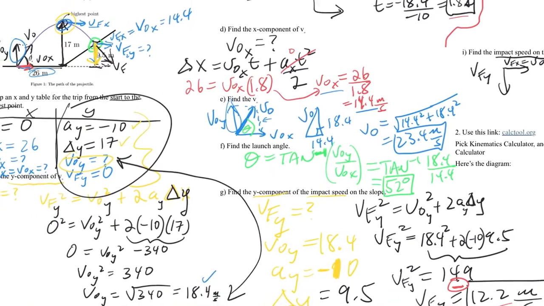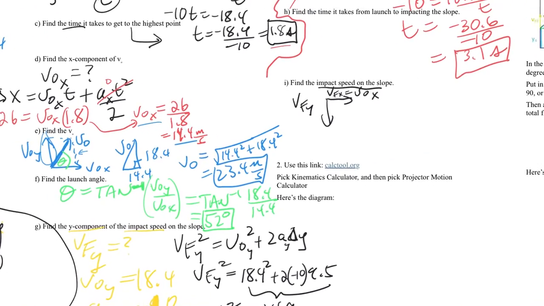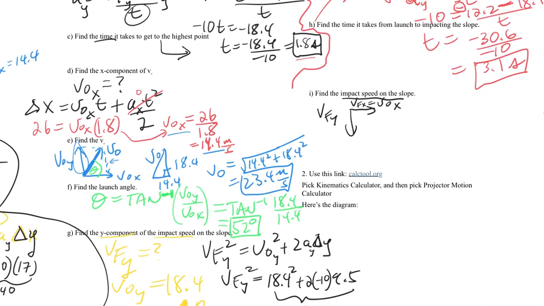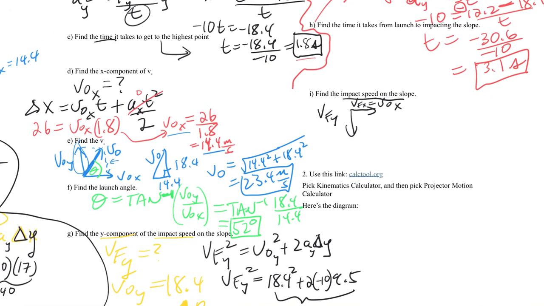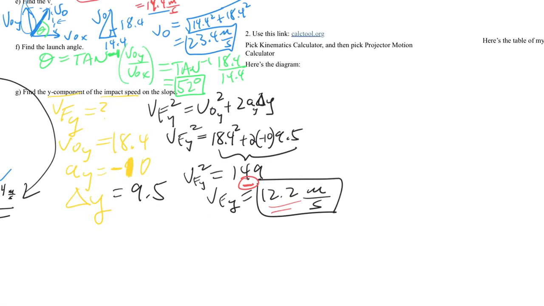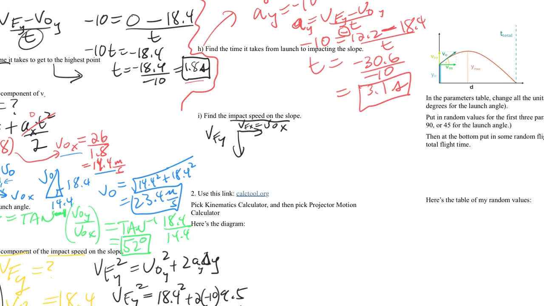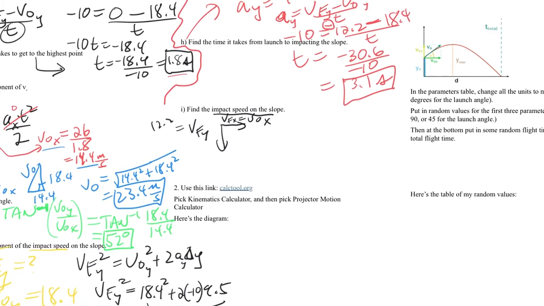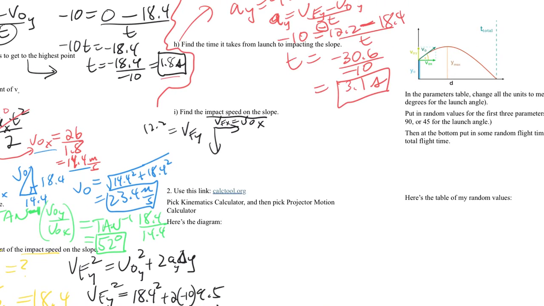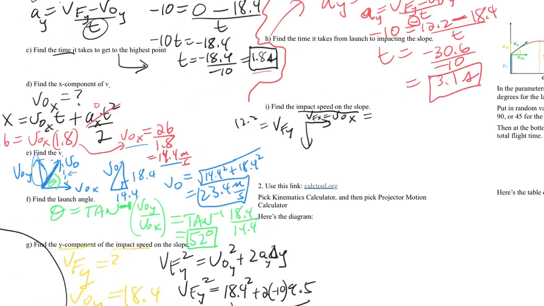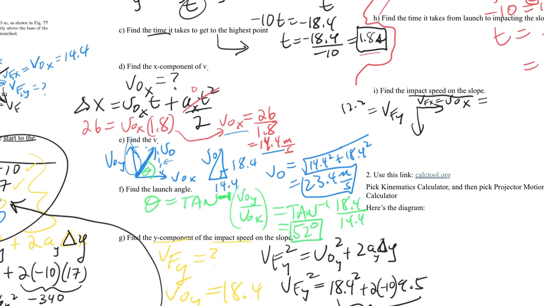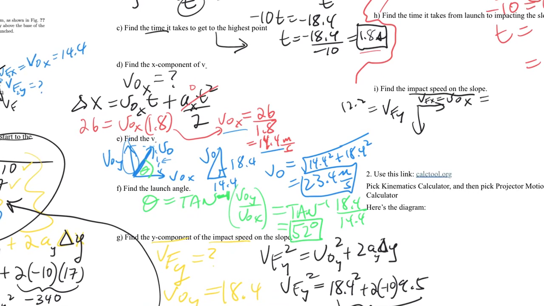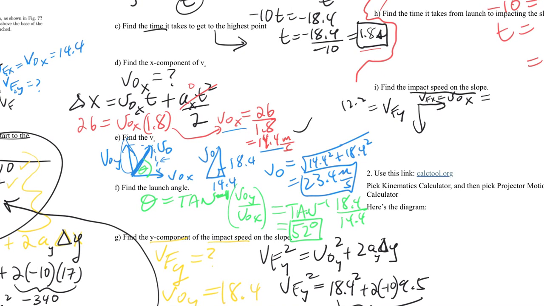No, VFY is where it hits, not the VFY at the top. Sorry. So it's negative 12.2. It doesn't matter at this point. I got it from over here in part G. And then VFX equals VOX. I found that way over here, 14.4.